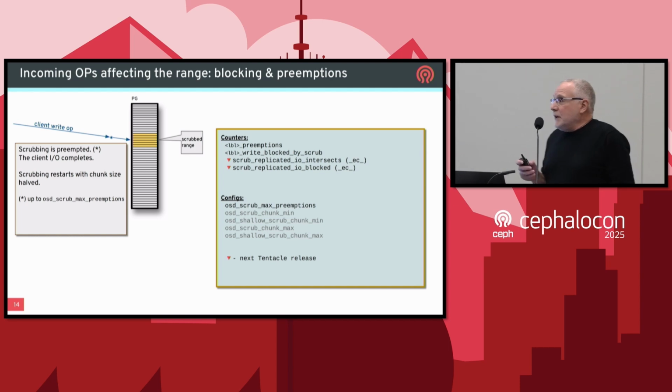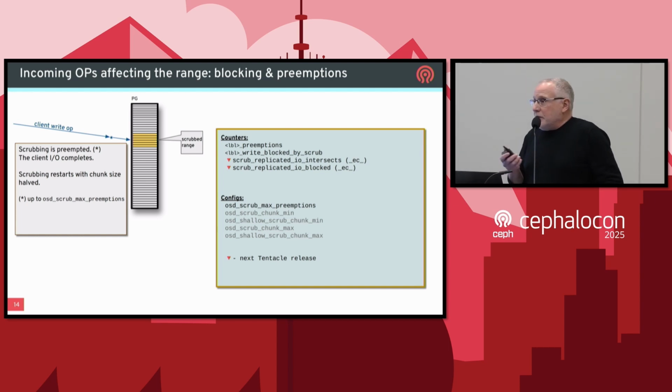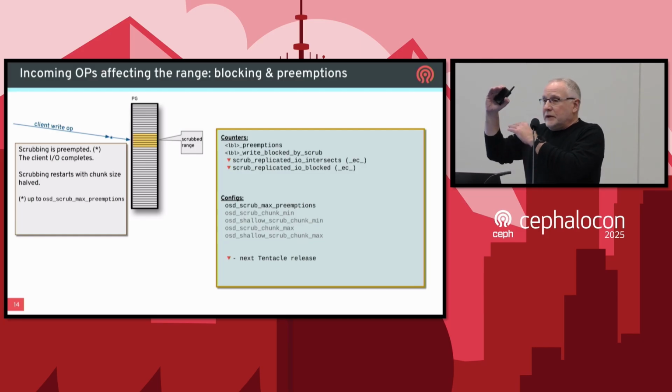But assuming everything happens as it usually happens, and the chunk is free, and we are continuing. What happens if there is an incoming op that should affect the region that we are currently working on? Remember, we have the chunk. A chunk is just a start point and an end point.